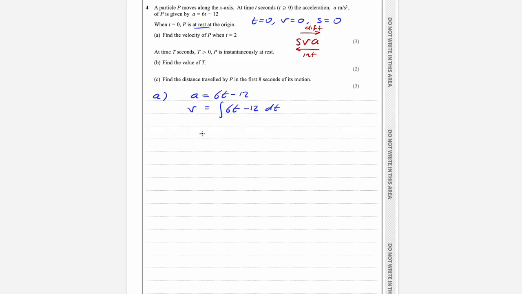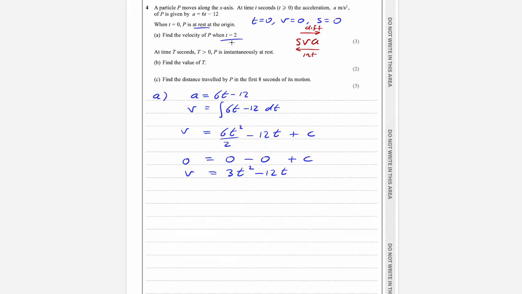In this case, I get v is equal to 6t squared over 2 minus 12t. Don't forget plus c. Now I'm going to use t equals 0 when v is equal to 0. So that gives me 0 equals 0 minus 0 plus c. So c is equal to 0. So that means v is equal to 6 over 2 is 3, so it's 3t squared minus 12t.